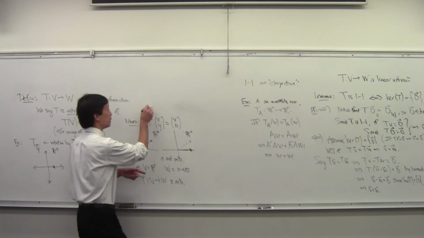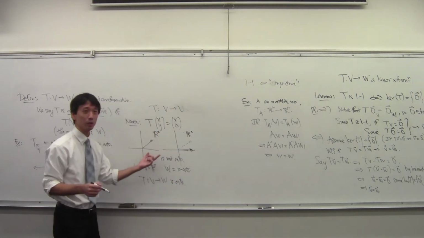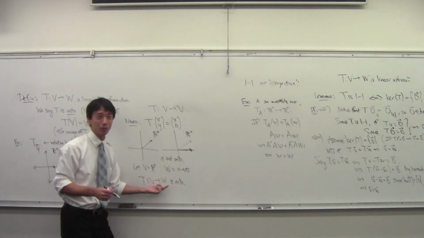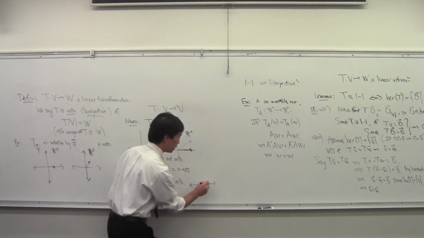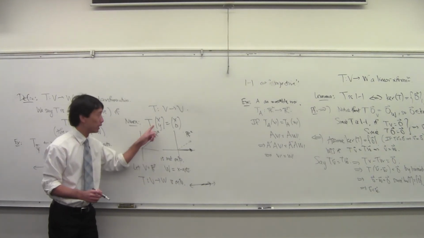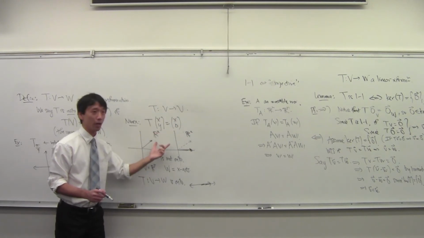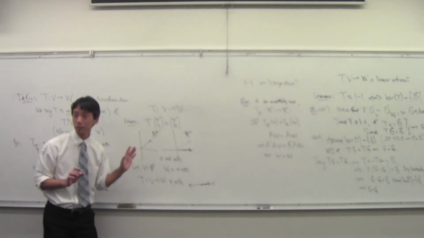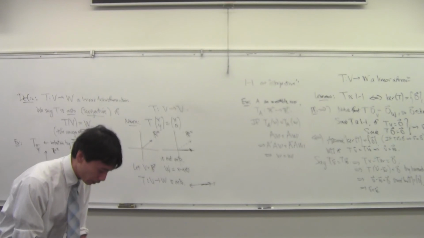If I think of T as a map from R2 to R2, it's not onto. But if I think of this as a map from V to W, it is onto, because any vector in this subspace, I can get. So it actually depends on how you describe it. From here to here, this is not onto. From here to here, it is onto. Okay, is that all right? Clear?